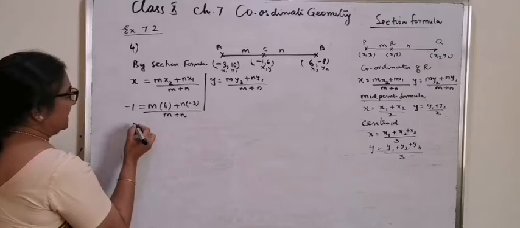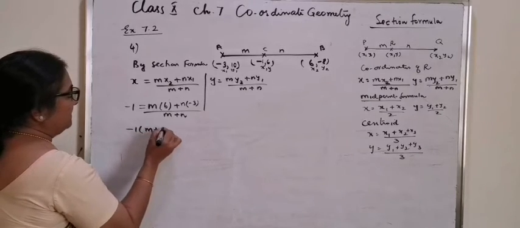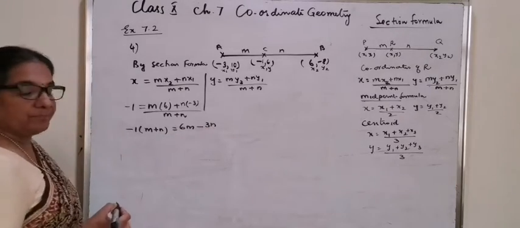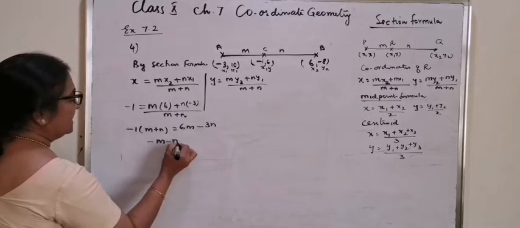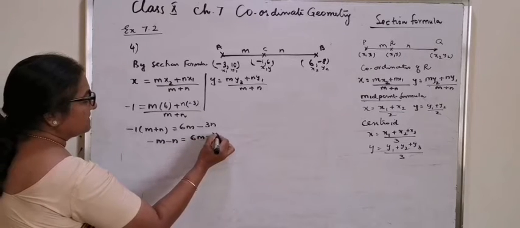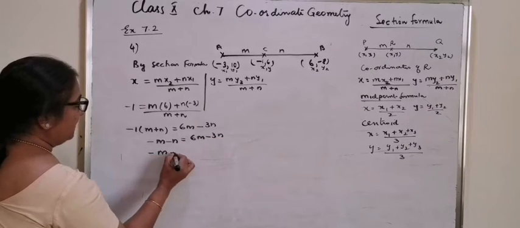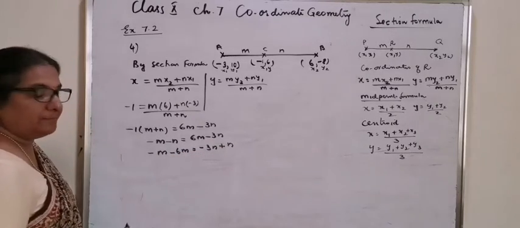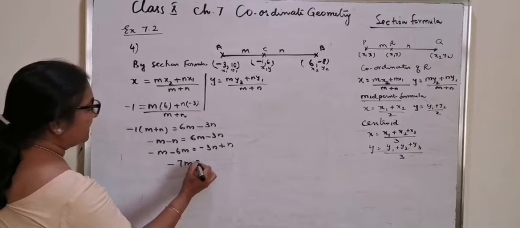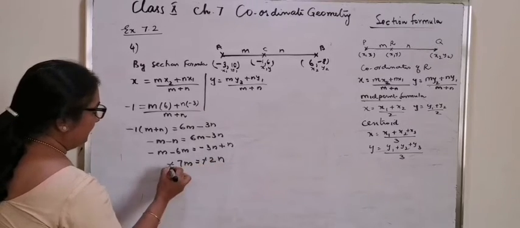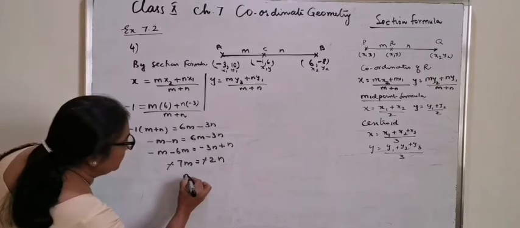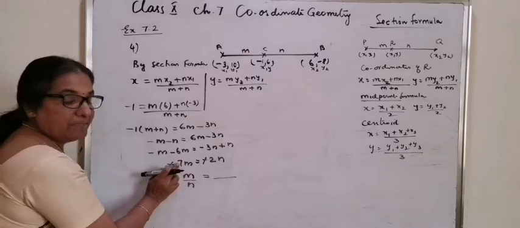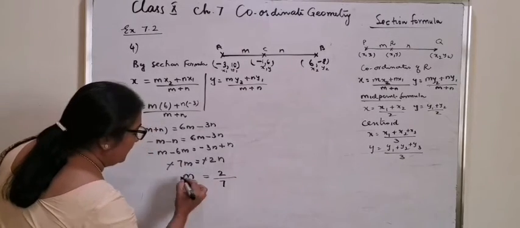If you cross multiply, -1 into (m + n) is equal to 6m - 3n. So -m - n is equal to 6m - 3n, then -m - 6m is equal to -3n + n. -7m is equal to -2n, or the ratio m by n is 2 by 7.